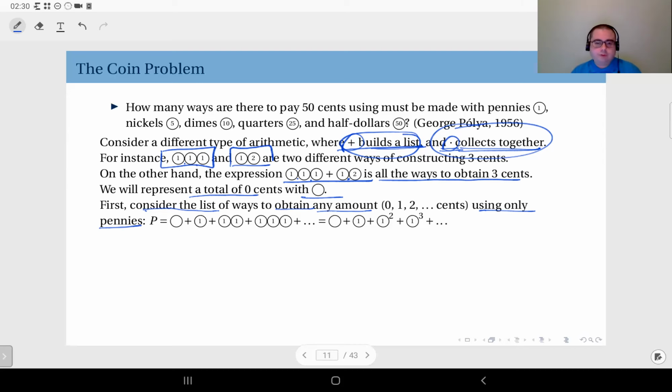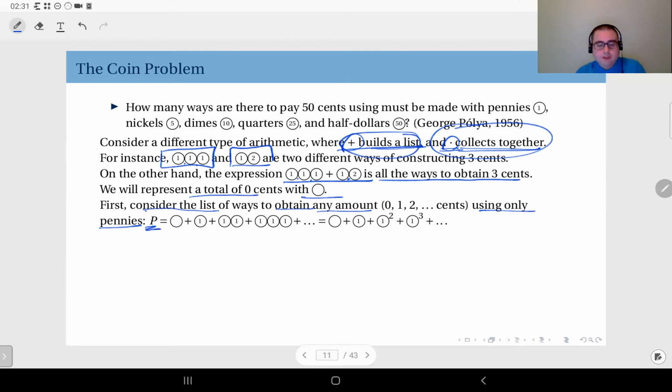So if you want the number of ways to obtain 15 cents, you just have to put in 15 pennies. There is no way around it. If you want to obtain like 36 cents, then you have to put in 36 pennies. So that's the only way to do it.